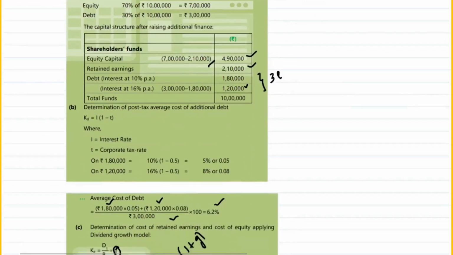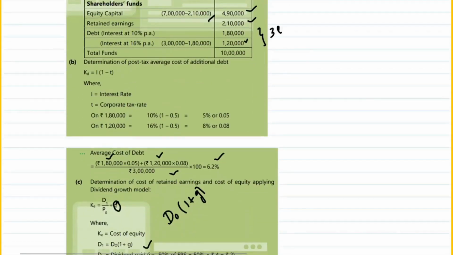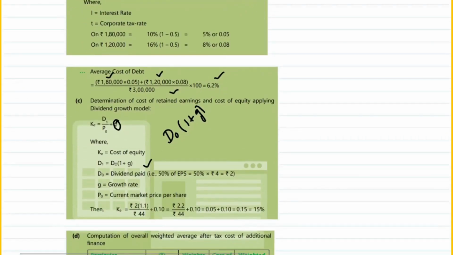These are the two major things to remember, and also how D0 into 1 plus G is used. When they give the next expected dividend, you directly take it in the formula, whereas when they give the past dividend paid, you do D0 into 1 plus G. This is another thing you need to remember.